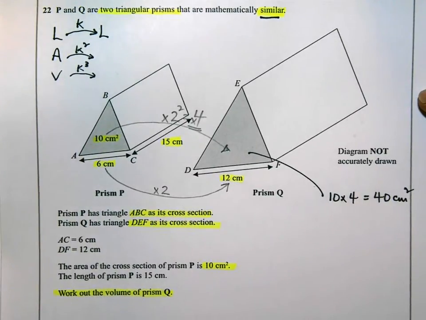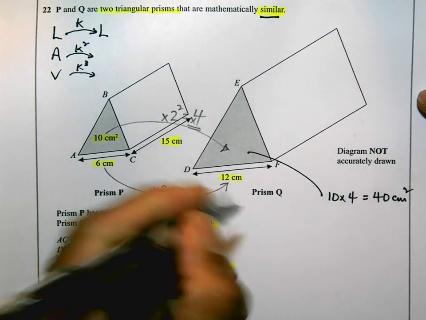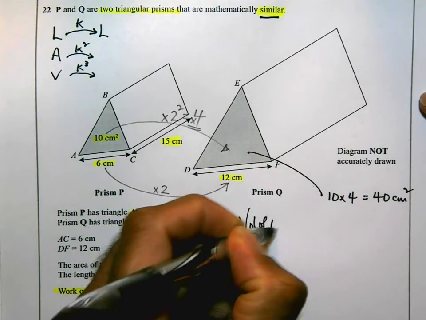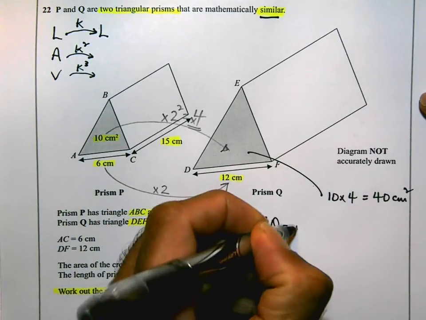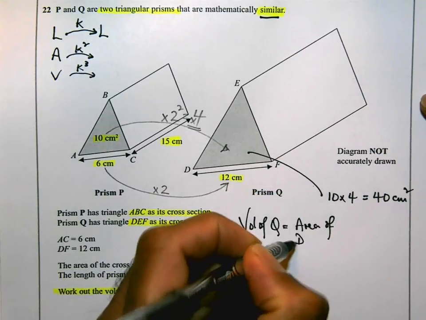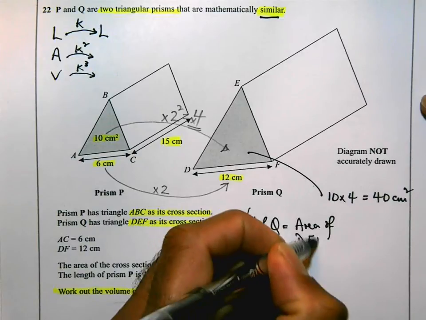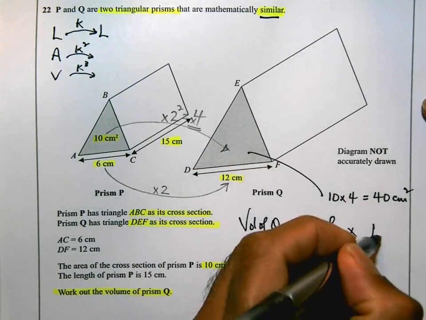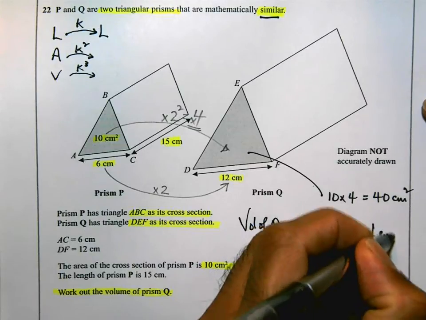Okay, so to work out the volume of Q, that's going to be the area of DEF, the area of the front face, times by how far back it goes, the length. So this length here is what I want to find out.